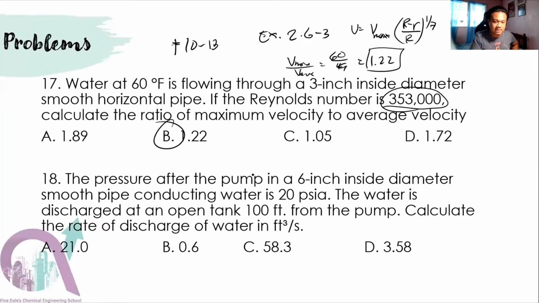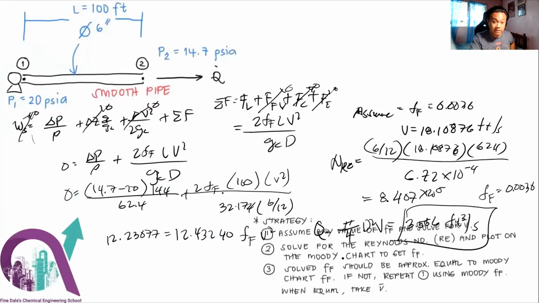So this is 3.58. That's letter D. Now let's go to number 19.